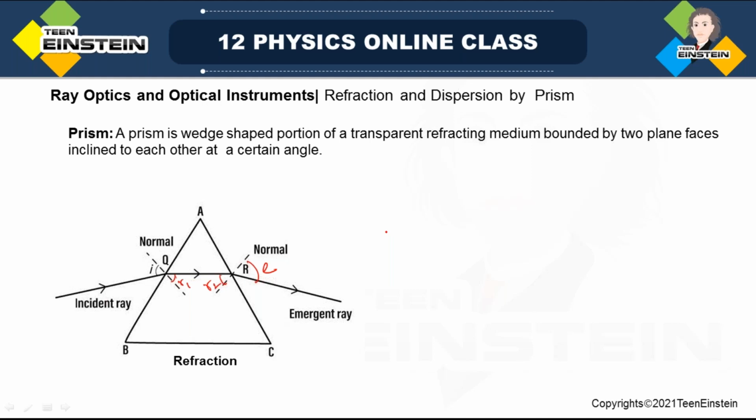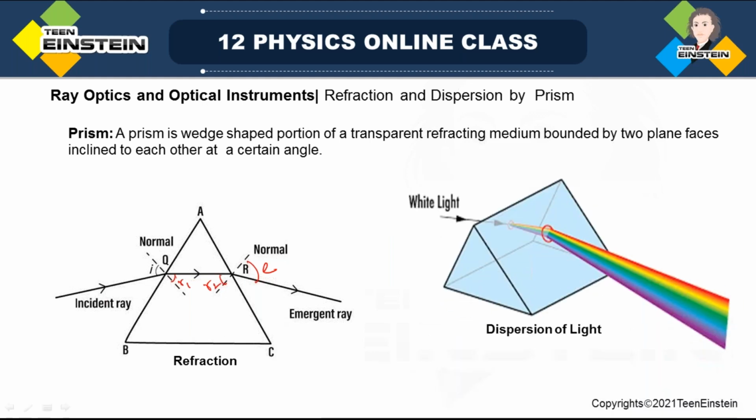So not only refraction, a prism can split the component colors of any light, and that's how it creates a band of various colors. Upon passing white light, you can see VIBGYOR, seven colors separated out.